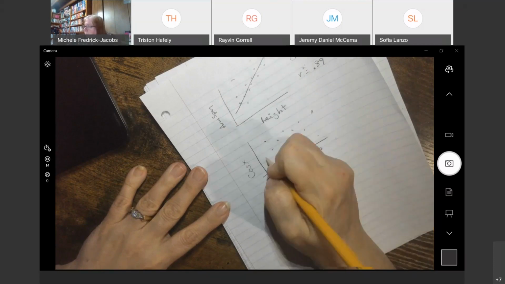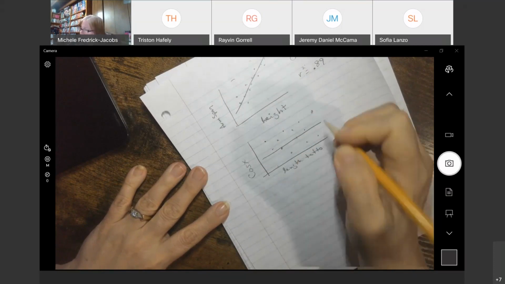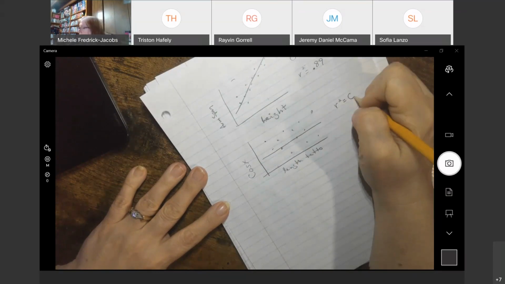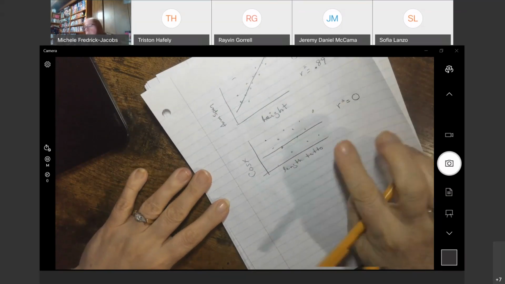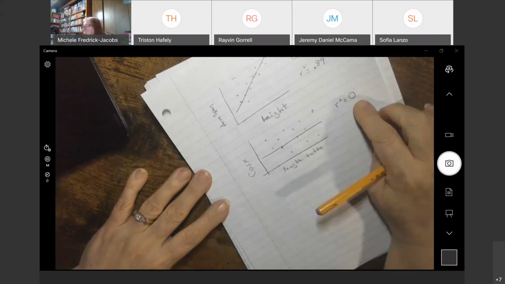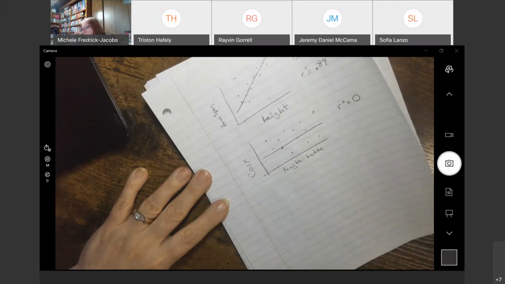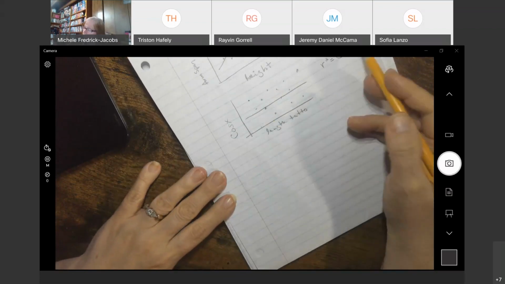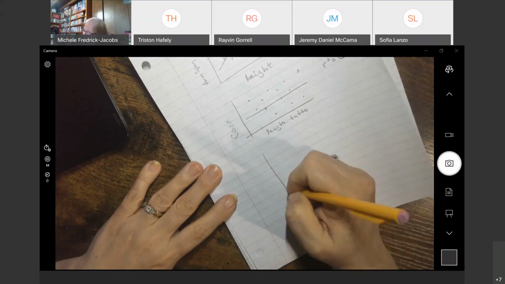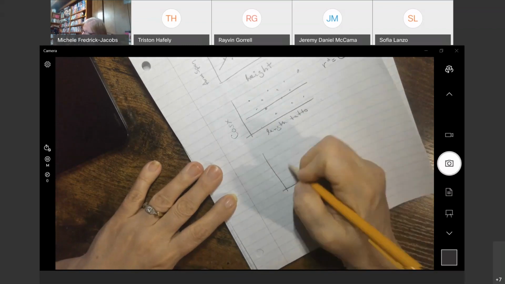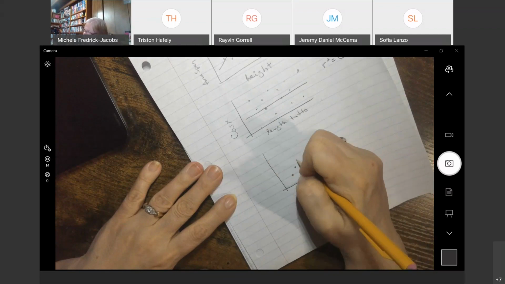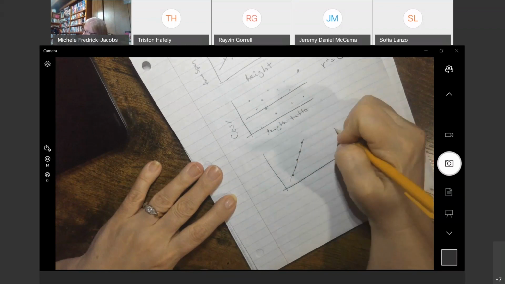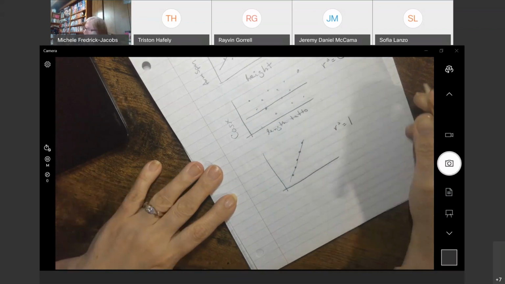When that happens, your trend line is usually horizontal and the R squared is 0. So the weaker the relationship, the closer to 0 it is. Your data spread all over, it would be 0. If your data ends up all being on the line, then your R squared is 1.